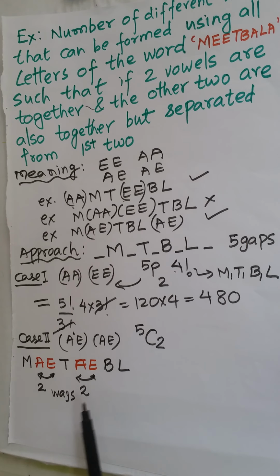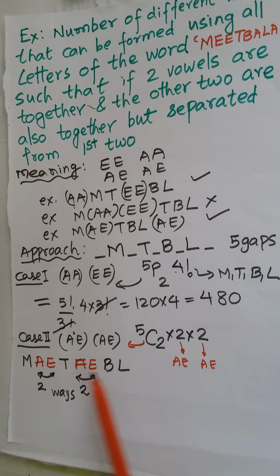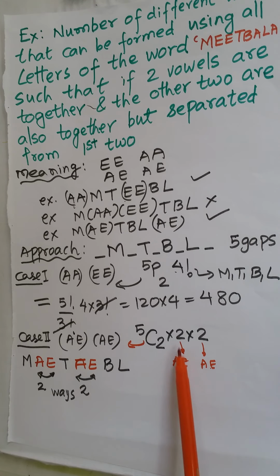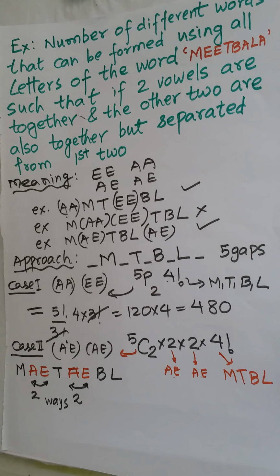So we have to multiply these. So 5C2 for selecting spaces for AE, then arranging them in 2 into 2 ways. Now we are left with MTBL, which can be arranged in 4 factorial ways.